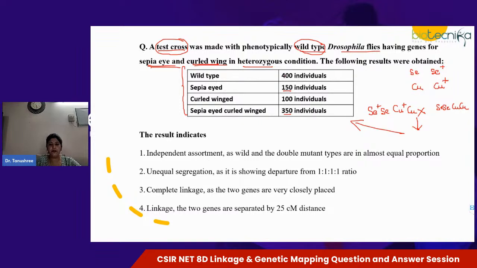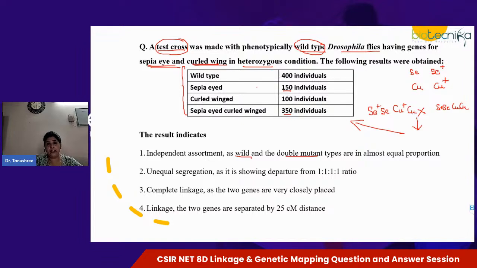The parents are wild type and the double mutant, so are we getting them in equal proportions?